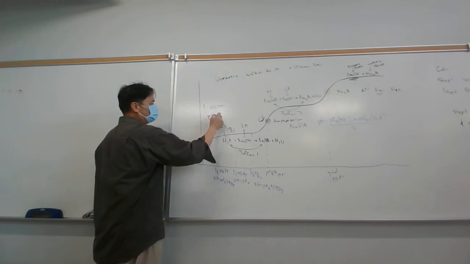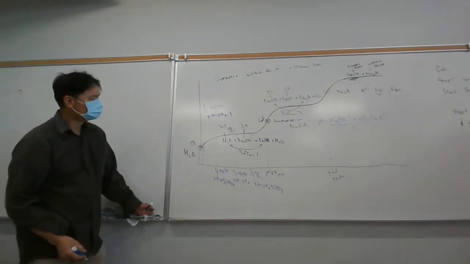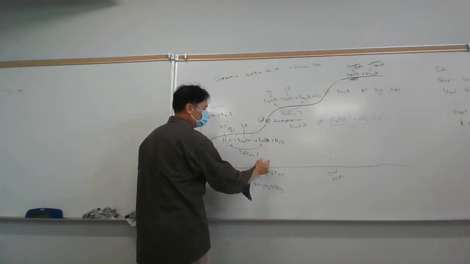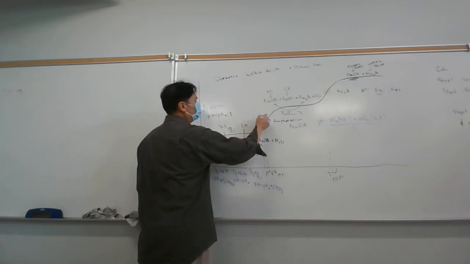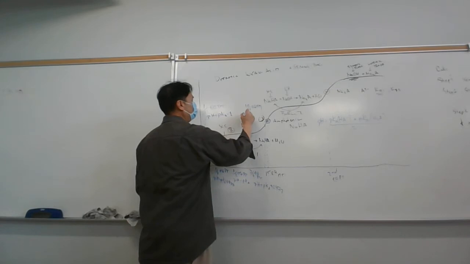The pH at this point is equal to the pKa minus 1. And then we have the 10/11th equivalence point. At the 10/11th equivalence point, the pH is equal to the pKa plus 1.